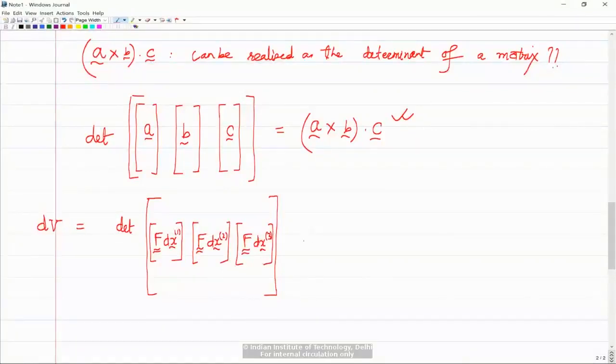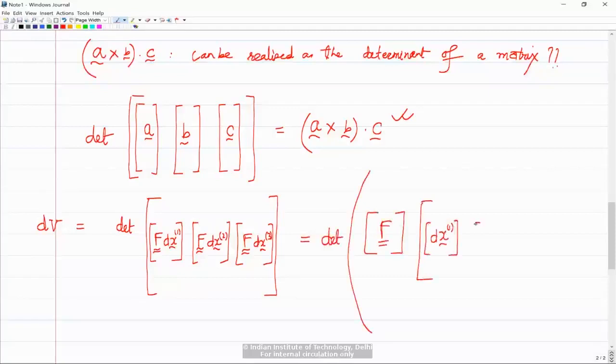And this matrix that you have here, you could also write as the matrix big F multiplied by this thing over here.